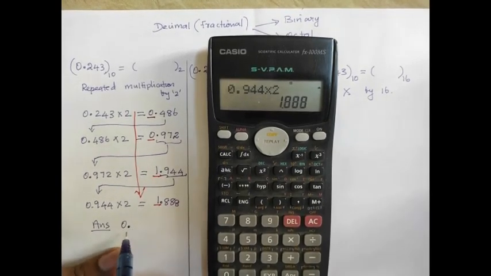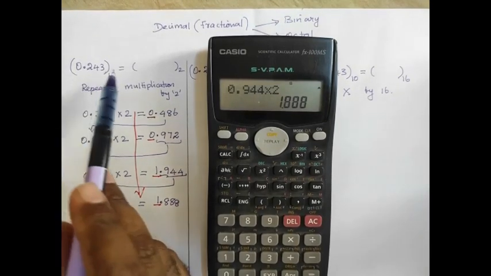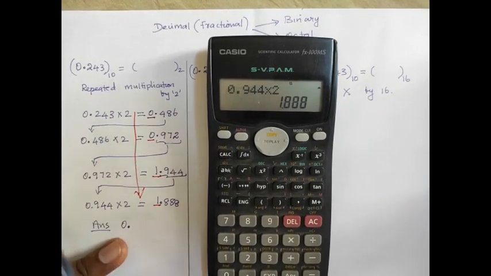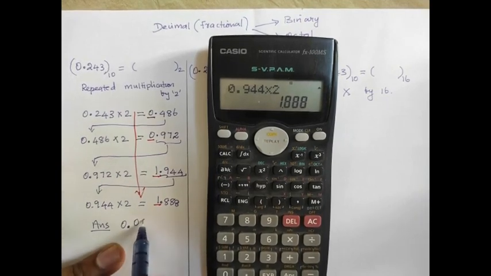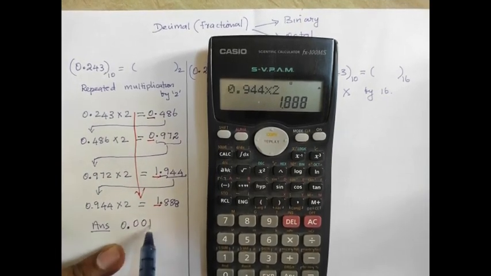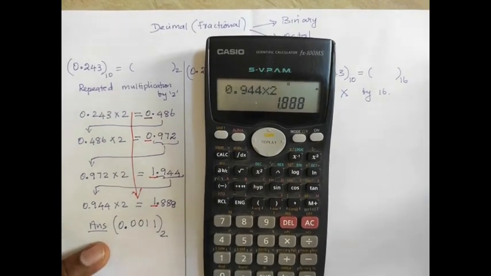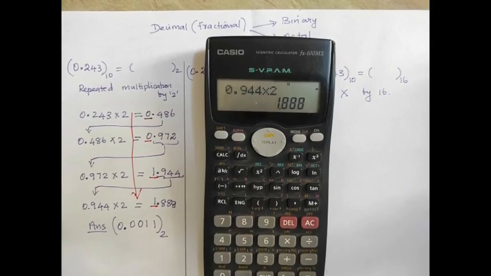You have to put the point because we are converting a fractional number. After the point, write this 0, this 0, this 1, and this 1, and put the base as 2. So this is how you convert a fractional decimal number to a binary number.